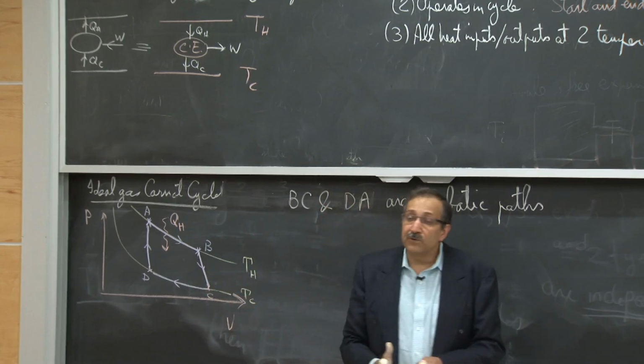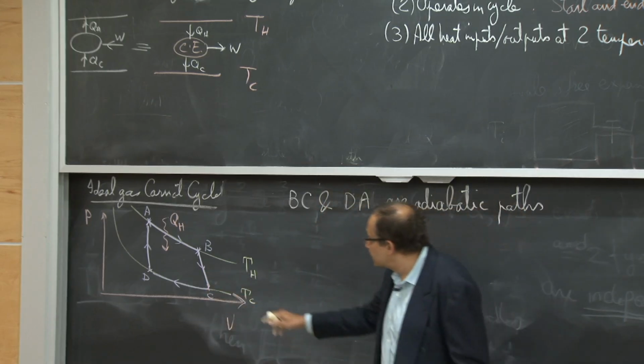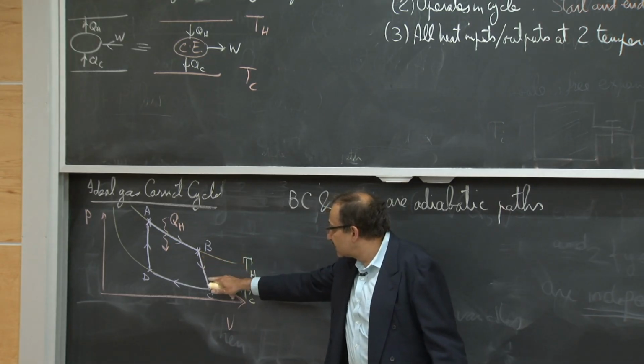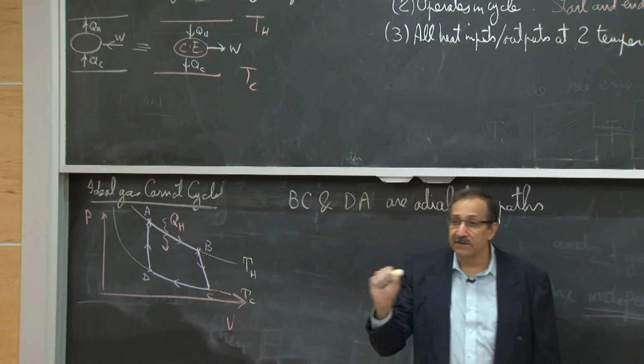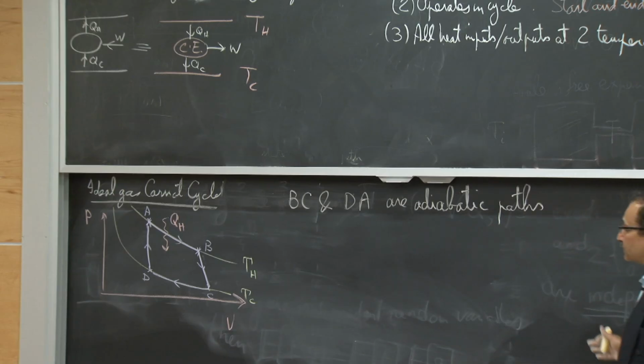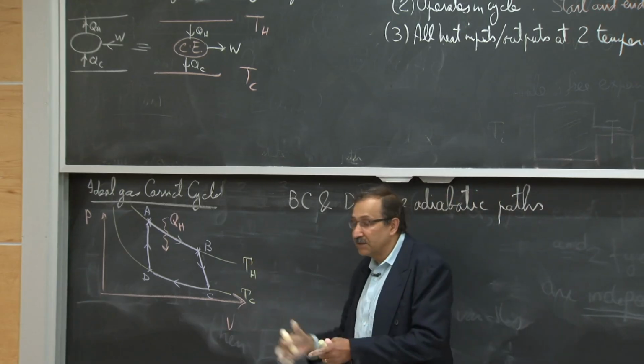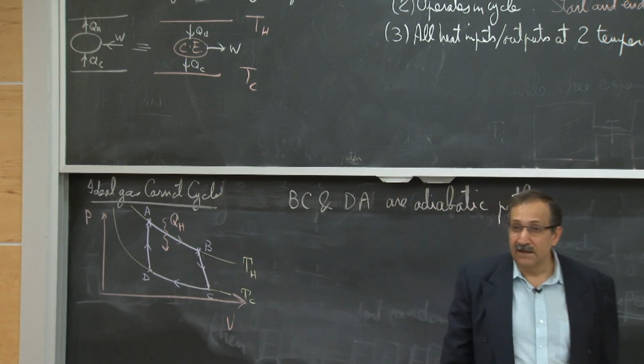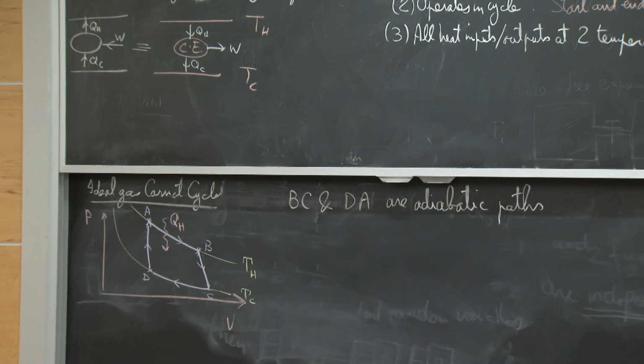Now, clearly, I also want to do this sufficiently slowly so that infinitesimally I can draw this path as a series of points. And so I don't want to do what was in the Joule expansion experiment and suddenly expand the whole thing. I have to do it sufficiently slowly so that the conditions of this Carnot engine are satisfied.